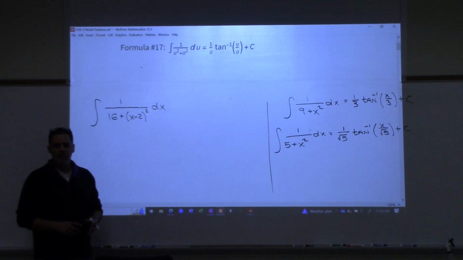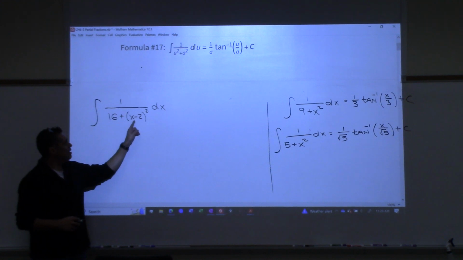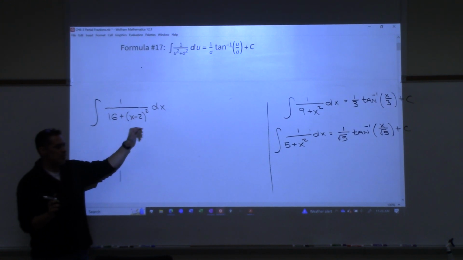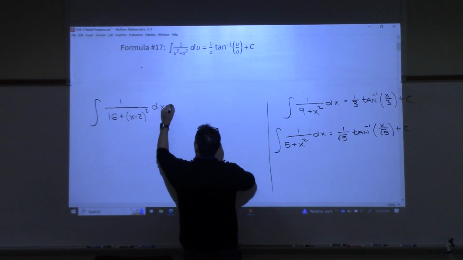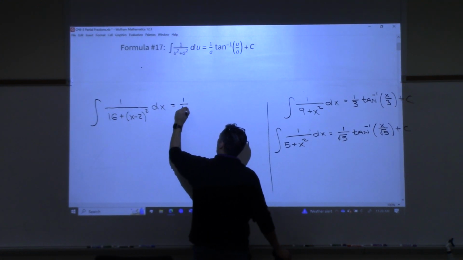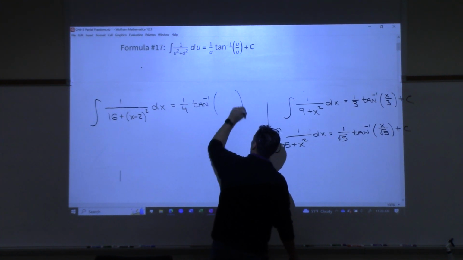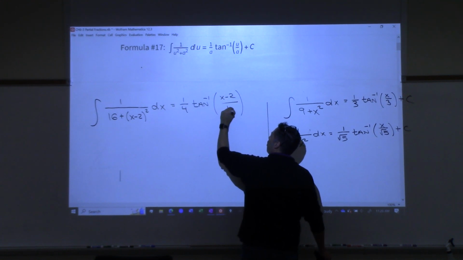I recognize right now that what's in here is linear, and that when I take its derivative, I get 1. So even if I do a u sub, nothing's going to change, and I can go directly to the formula. 1 over 4 inverse tangent, but it won't be x, it'll be x minus 2 over 4 plus c.